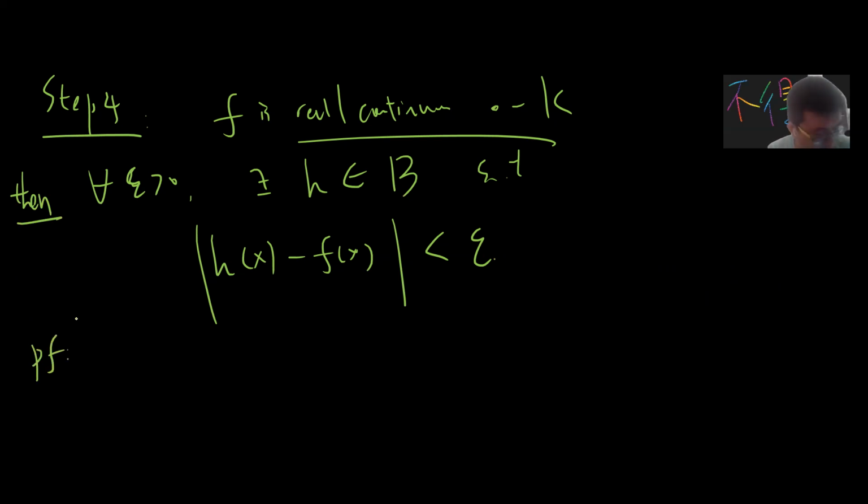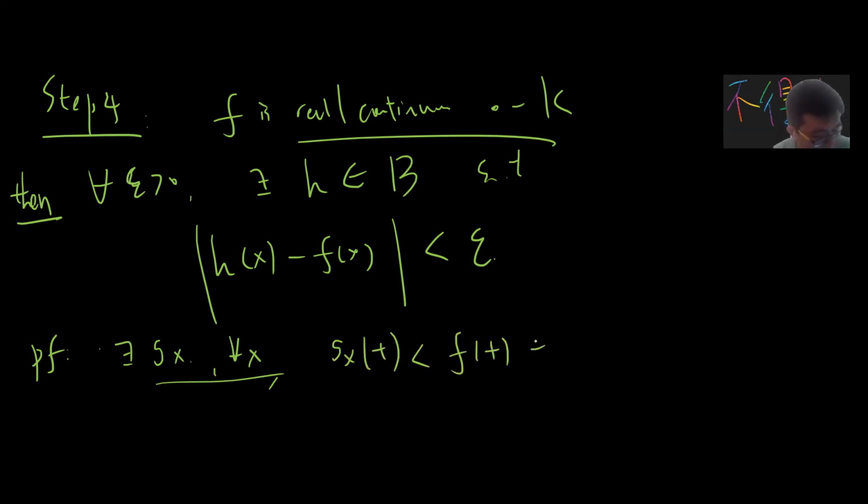Okay, so now since we already have all the theorems, right? So the proof should be simple. By the lemma, by step 3, there is the g_x. Right, for each x, let's say from the previous theorem that g_x(t) is less than f(t) plus epsilon, for t belonging to V_x. The reason is that g_x(t) is continuous, right?